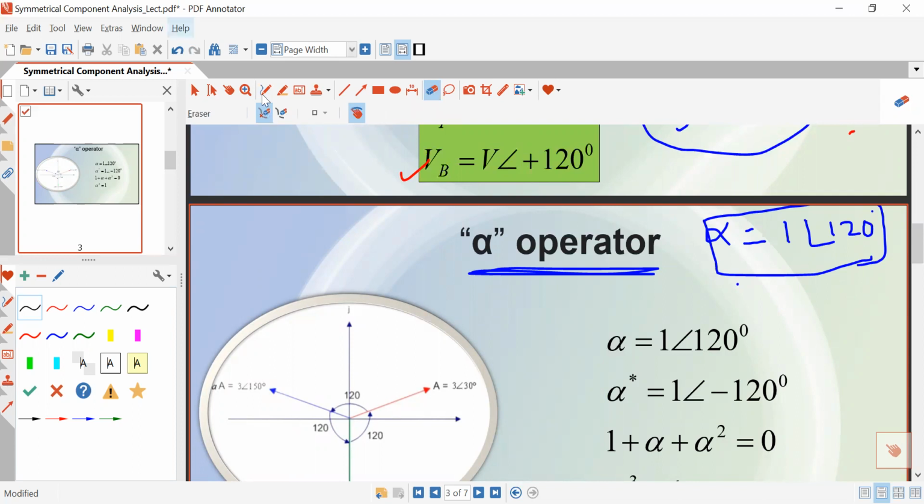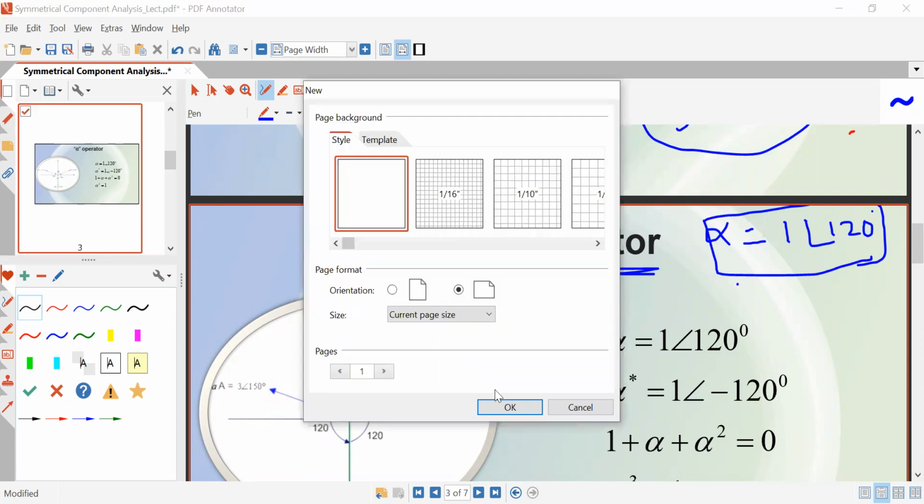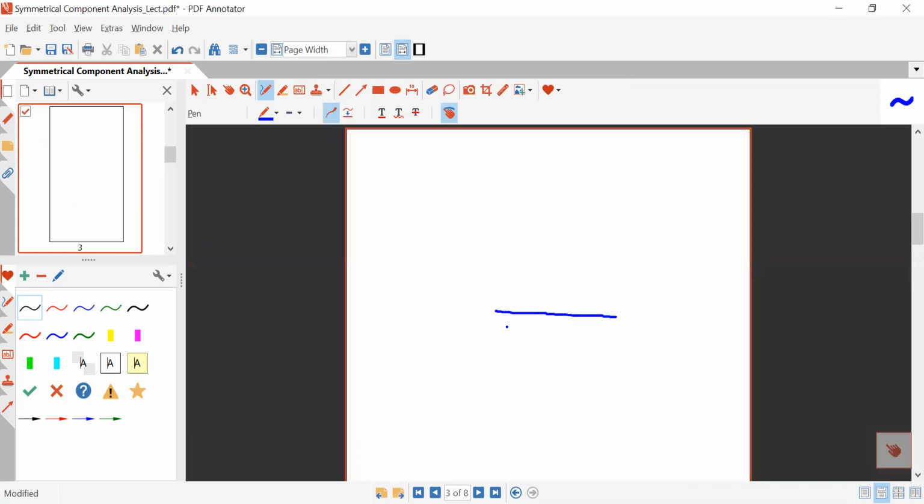And what is the role of the alpha operator? When you multiply any vector, suppose this is a vector, and for example this is 1 angle 0, which is 1 basically.